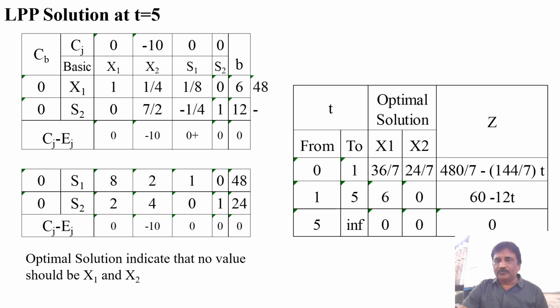And from 1 to 5, the optimal solution, as you have seen, is x1 equal to 6, x2 equal to 0, and as t changes between 1 and 5, the z value will be 60 minus 12t. Alright, and from 5 to infinity, x1 and x2 both will be 0 and z also will be 0.